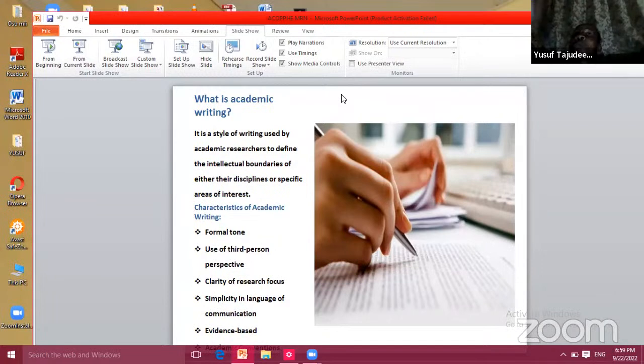You arrive at a particular conclusion, maybe a positive conclusion or a negative conclusion. That particular conclusion will be used in policy making, because it is a scoping review.